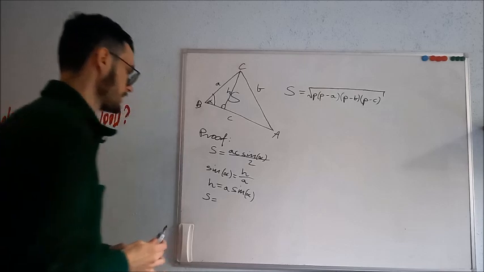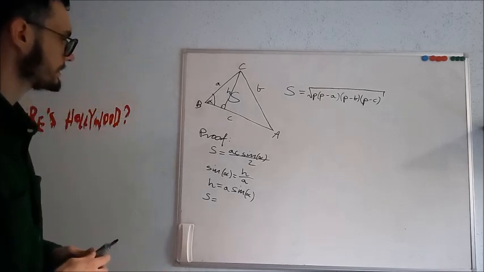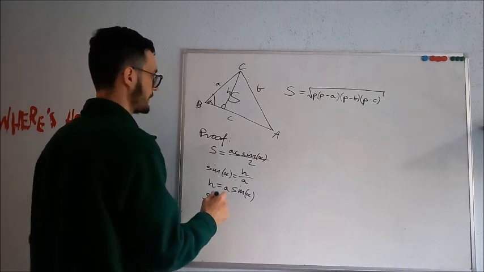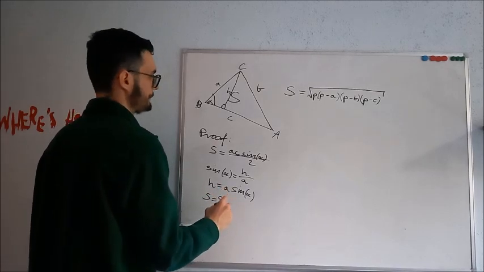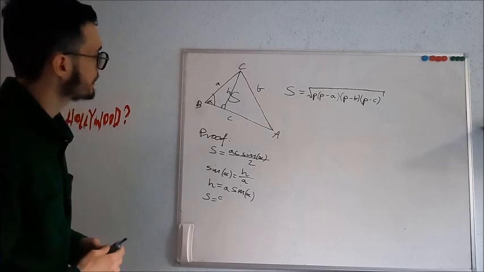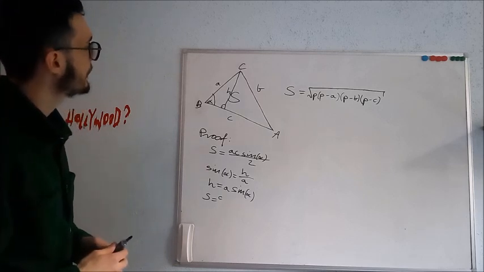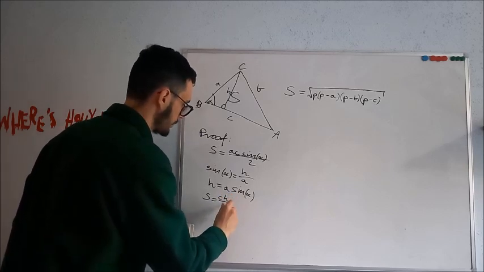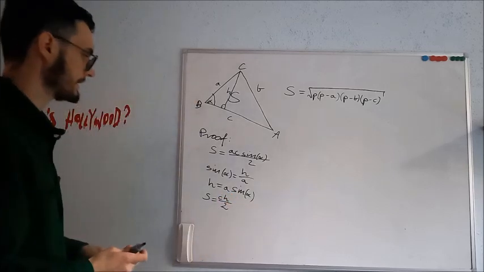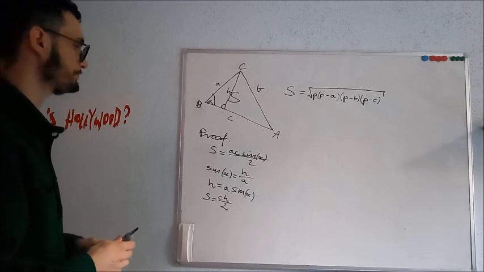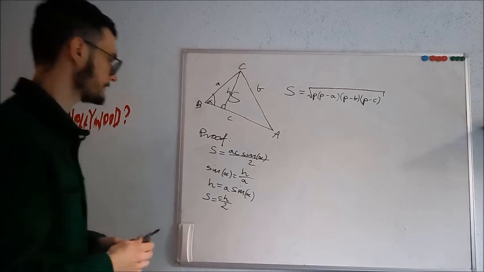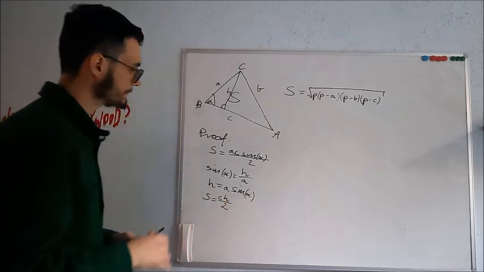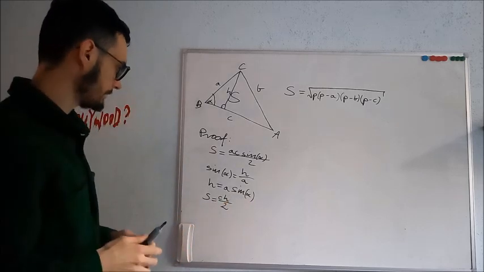it's convenient to use the well-known formula for the area, which is the side length c times height h over 2. Right, and now the only thing we need to do is to substitute a times sine alpha in place of h.